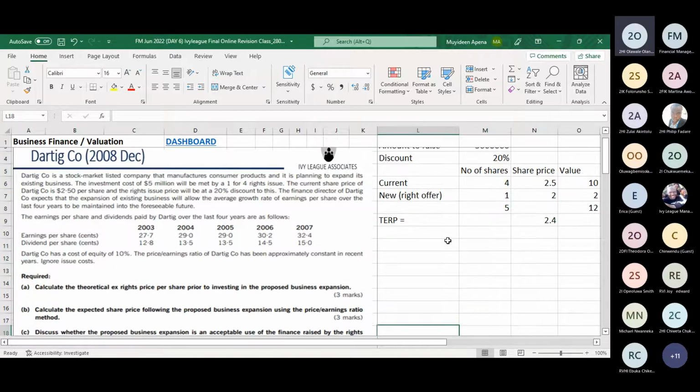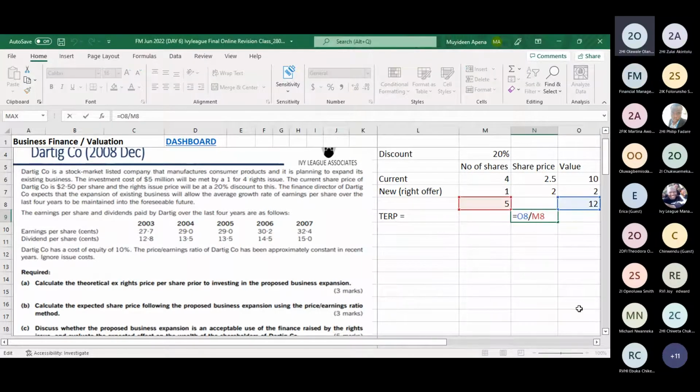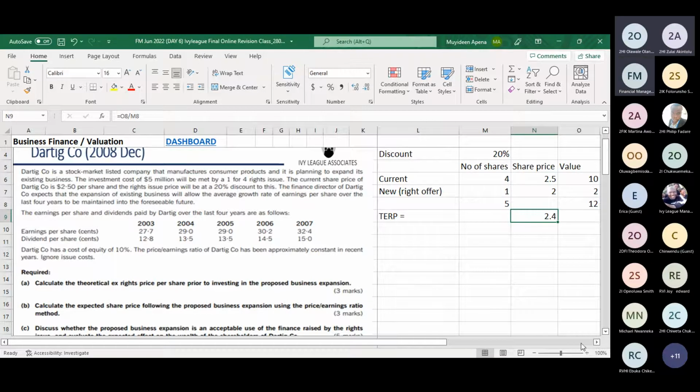The next part: we have to calculate the expected share price following the proposed business expansion. Please, can you show how the 2.4 is gotten? The 2.4. Yes. Okay, have you seen it? Yes, I have.